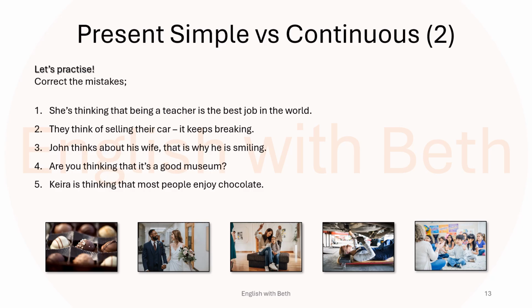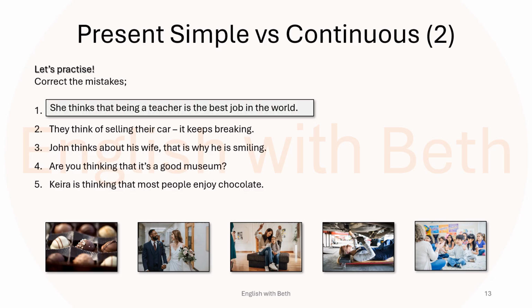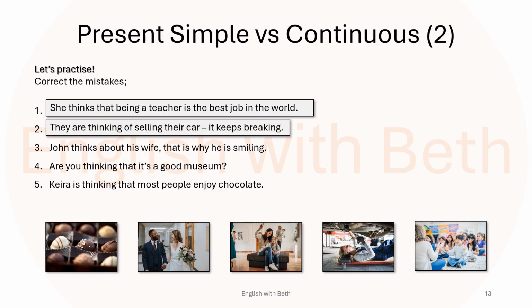Great, well done. Now let's have a look at the answers. She thinks that being a teacher is the best job in the world. So that's her opinion, so we've used present simple. They are thinking of selling their car. It keeps breaking.